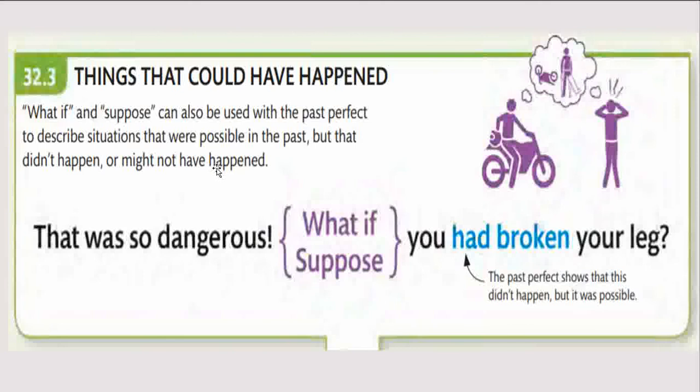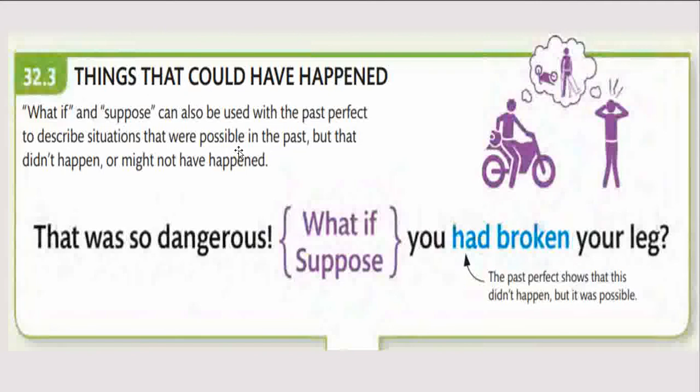So because those things have not happened in the past, the outcome is unlikely. That was so dangerous. What if you had broken your leg? That means had broken is past perfect. So that is completely unlikely in the past. That means it couldn't have happened.